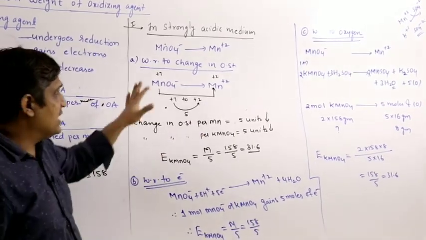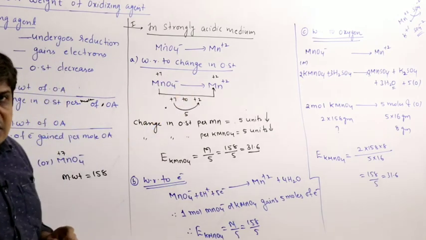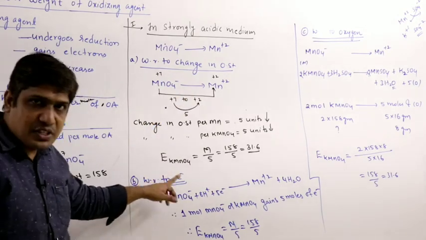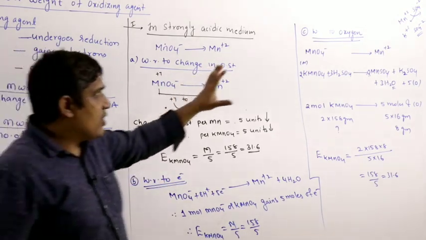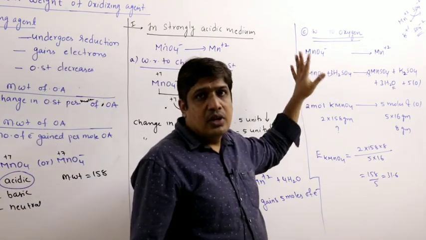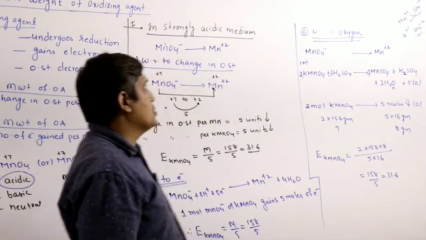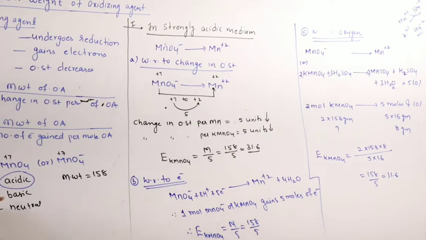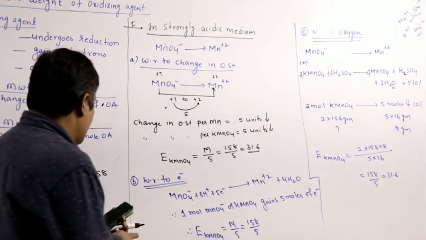Here we have calculated the valency with respect to change in oxidation state. We have calculated the valency with respect to number of electrons gained. Here we have calculated the valency with respect to the amount of oxygen produced. So let us go for basic medium or neutral medium.